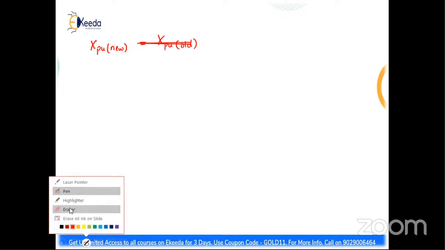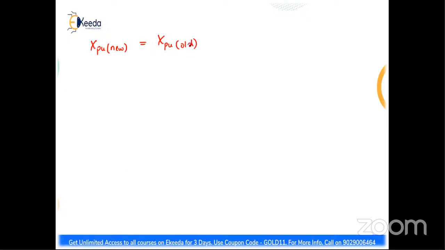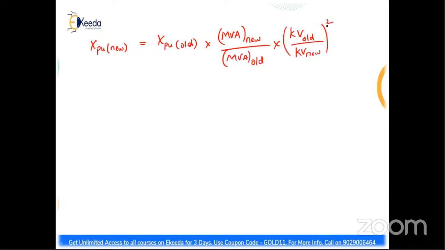So let us find out the reactance value, that is X PU of new is equal to X PU of old into MVA of new divided by MVA of old, that is base old, into kV old by kV new whole square, right?